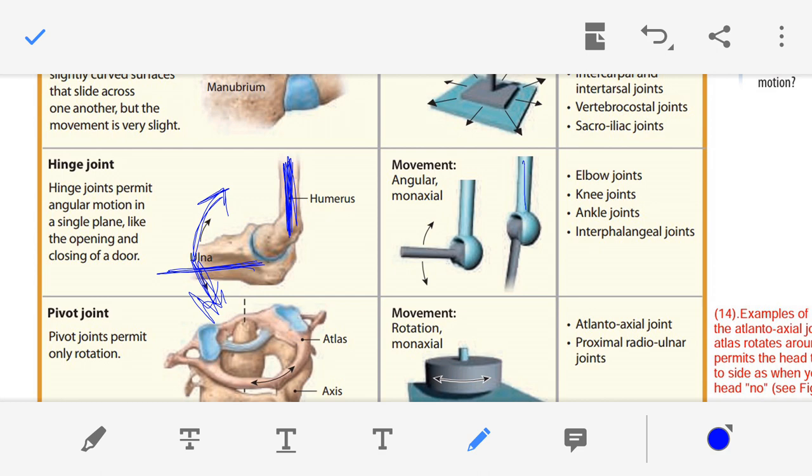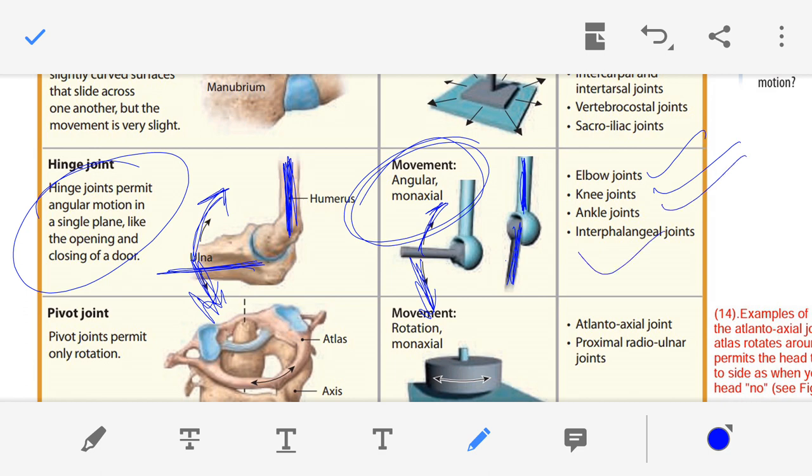This is the humerus, this is the ulna, and this can move either this way or this way. So movement is possible in only one axis. That's why this joint is the monoaxial joint. Examples of hinge joint: elbow joint, knee joint, ankle joint, and interphalangeal joint.